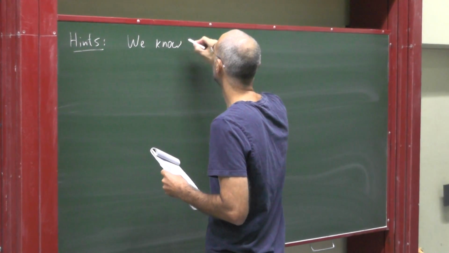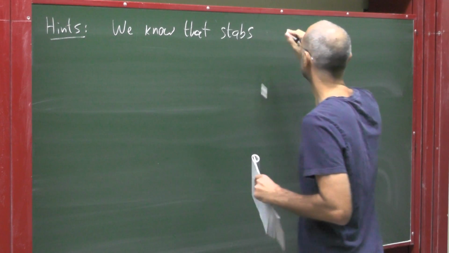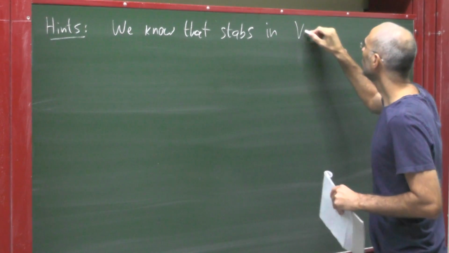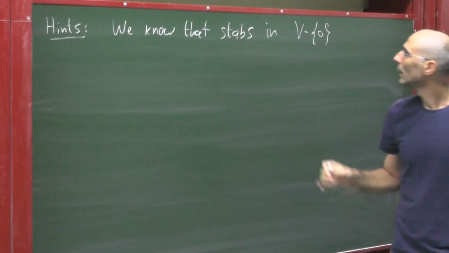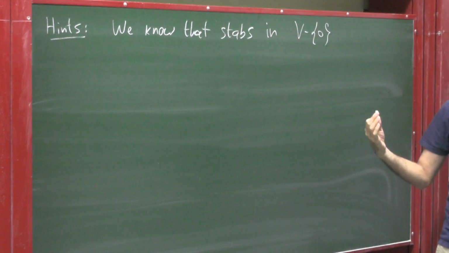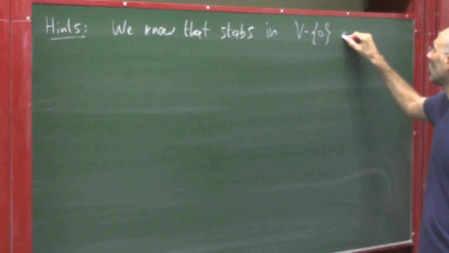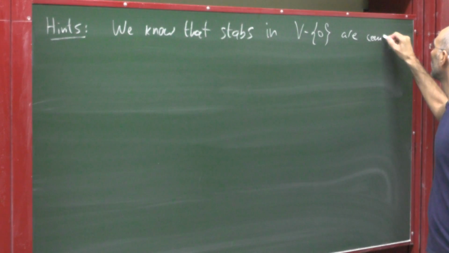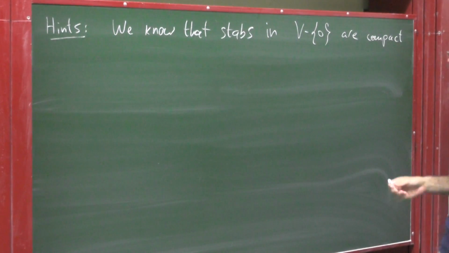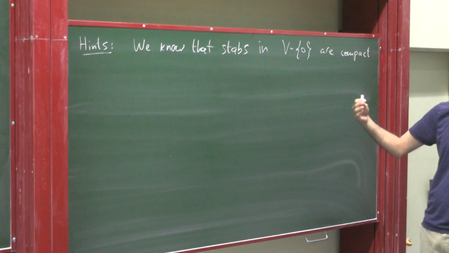We know that stabilizers, so if we omit 0, the only fixed point, and think of V as a metric space with the Hilbert norm, we know that stabilizers are compact subgroups of G. And actually we know that the orbits are closed with respect to the norm topology, but somehow this is not enough.